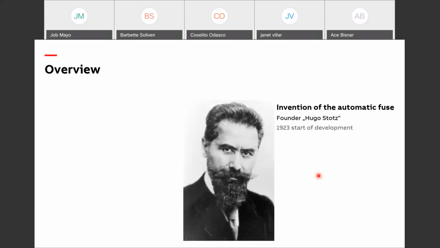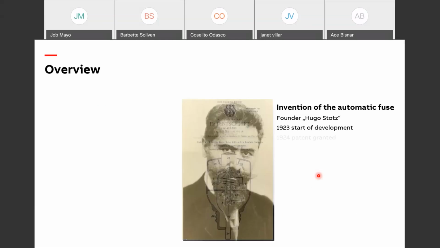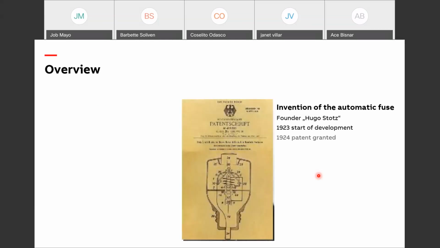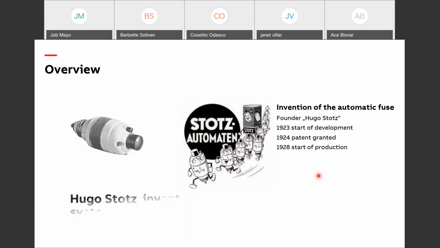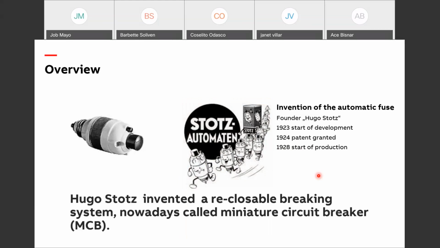The development started in 1923, and the patent was granted to him a year later, 1924, and then mass production was done 4 years after the patent was granted. So this became what we call nowadays the miniature circuit breaker. Hugo Stotz invented a reclosable breaking system, which is nowadays called the miniature circuit breaker.